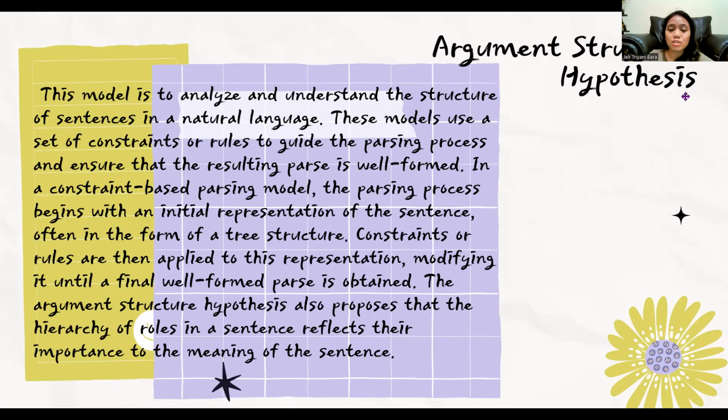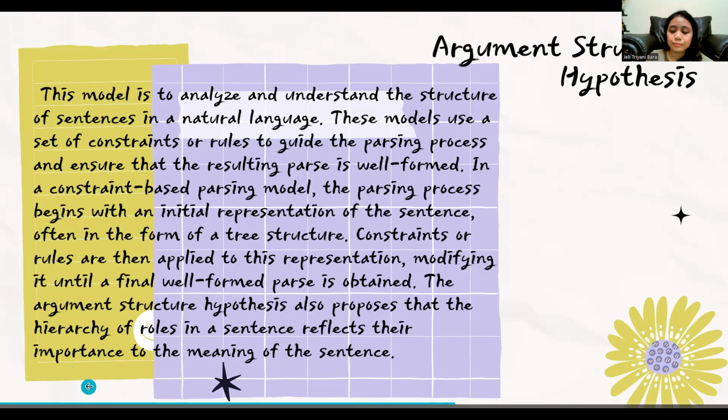In a constraint-based parsing model, the parsing process begins with an initial representation of the sentence, often in the form of a tree structure. Constraints or rules are then applied to these representations, modifying them until a final well-formed parse is obtained. The argument structure hypothesis also proposes that the hierarchy of roles in a sentence reflects their importance to the meaning of the sentence. So this is the argument structure hypothesis.